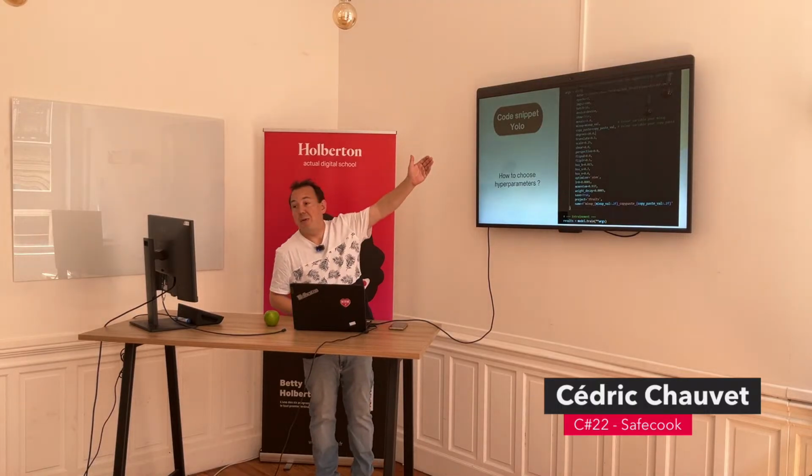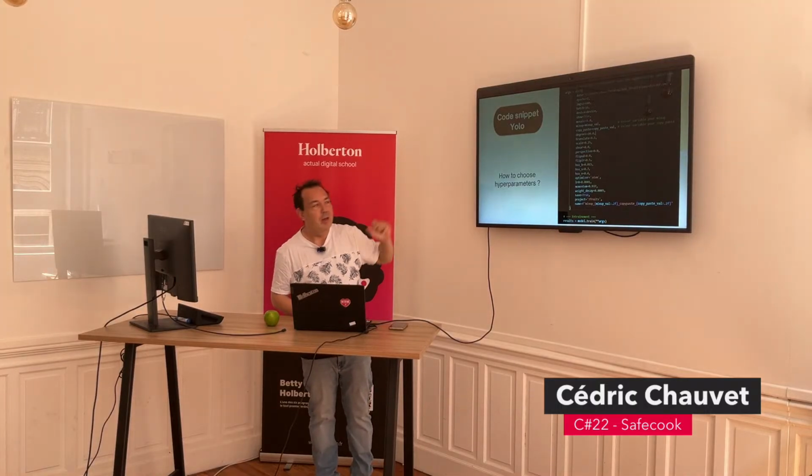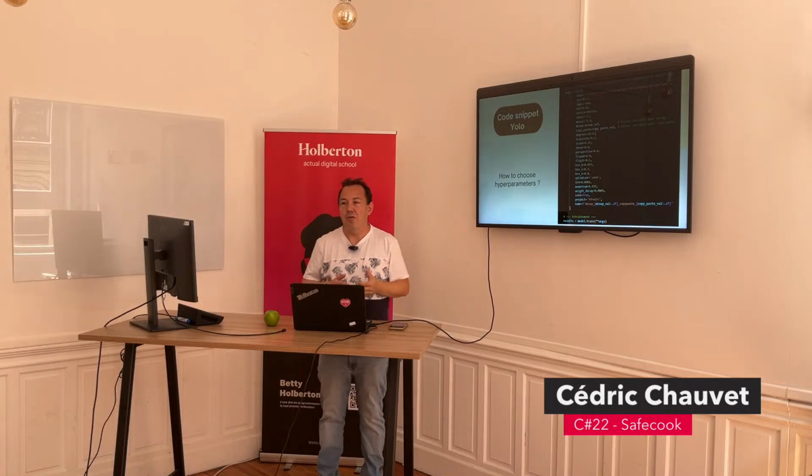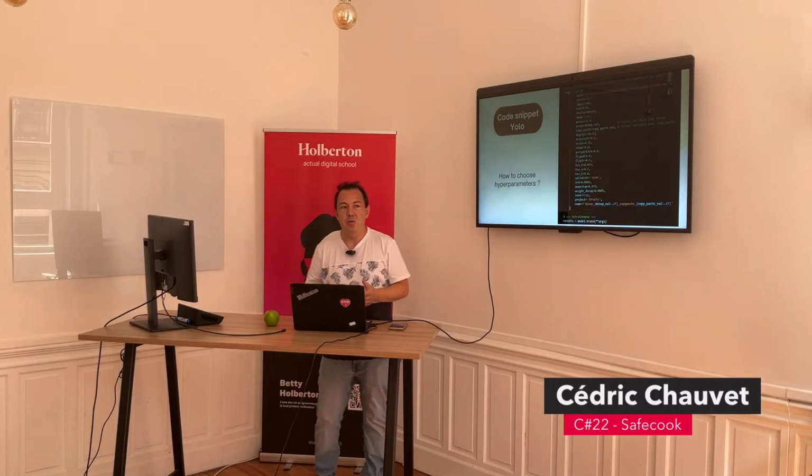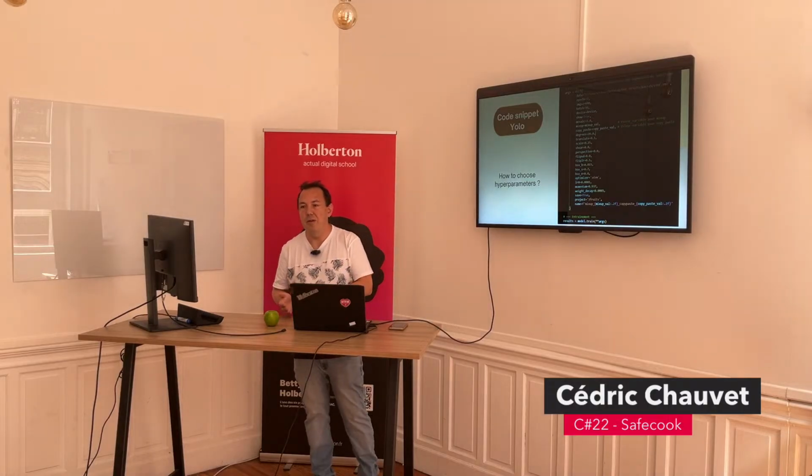You can see there is plenty of them, and the goal is to choose them right. This led me to make a lot of experiments with different hyperparameters in order to give the model the best performance.